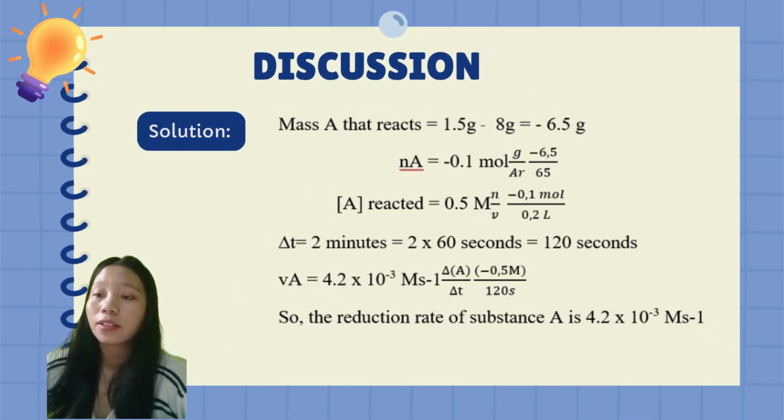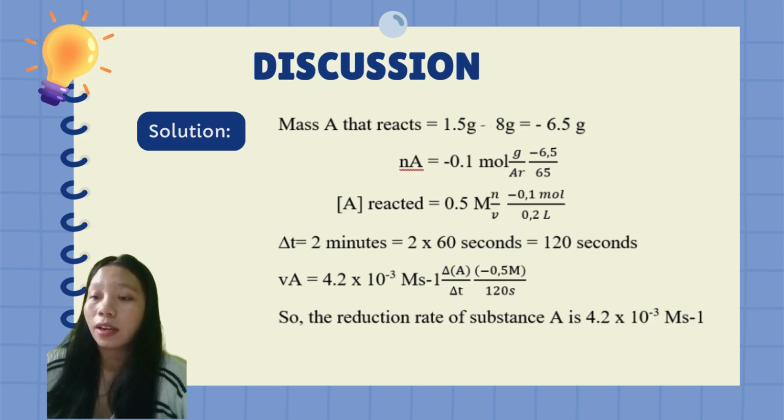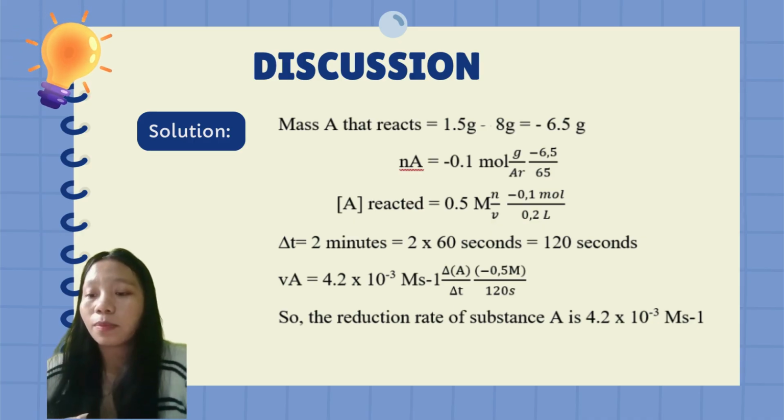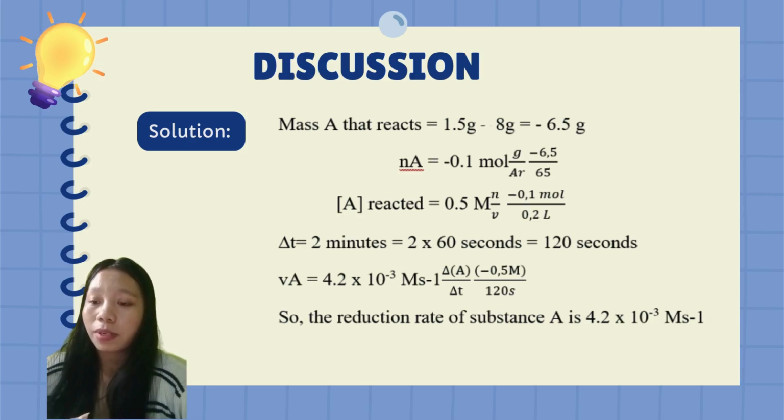Solution and answer. Mass that reacts equals 1.5 grams minus 8 grams equals minus 6.5 grams, and n of A equals gram per Ar equals minus 6.5 per 65 equals minus 0.1 mole.